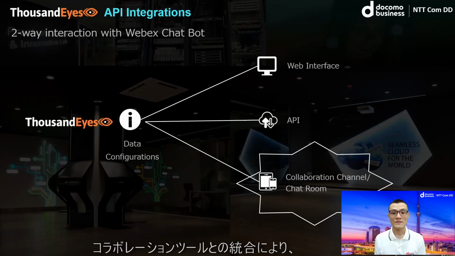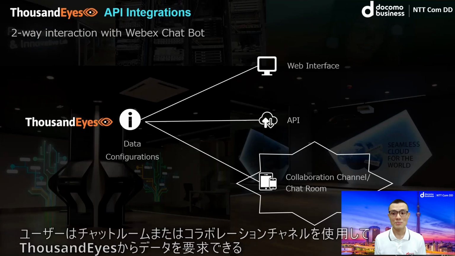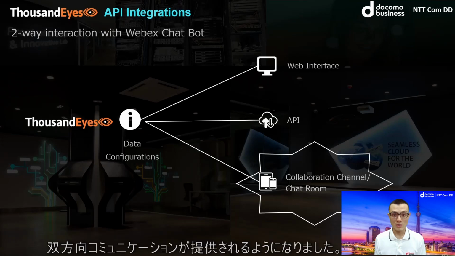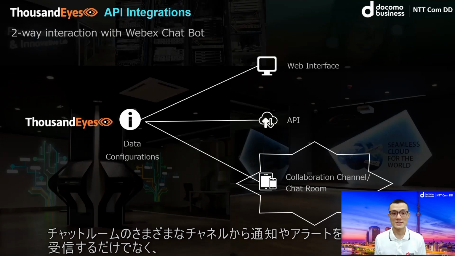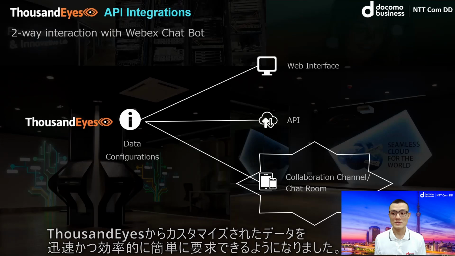The integration with collaboration tools now provide a two-way communication where the user can request data from ThousandEyes from a chat room or collaboration channel. Apart from receiving notifications and alerts from various channels in the chat room, now the user can easily request customized data from ThousandEyes in a quick and efficient manner.